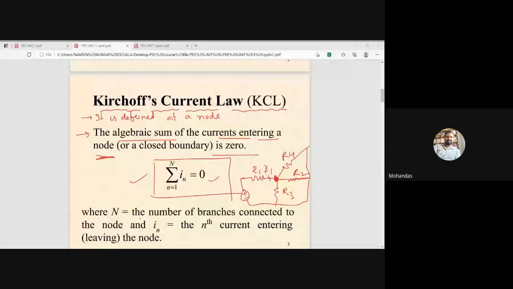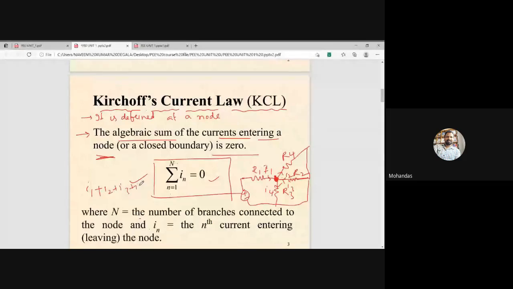So we have to expand this summation to n equal to 4. This is I1 current, this is I2 current, this is I3, the directions are very important, and this is I4. I1 plus I2 plus I3 plus I4 is equal to 0.